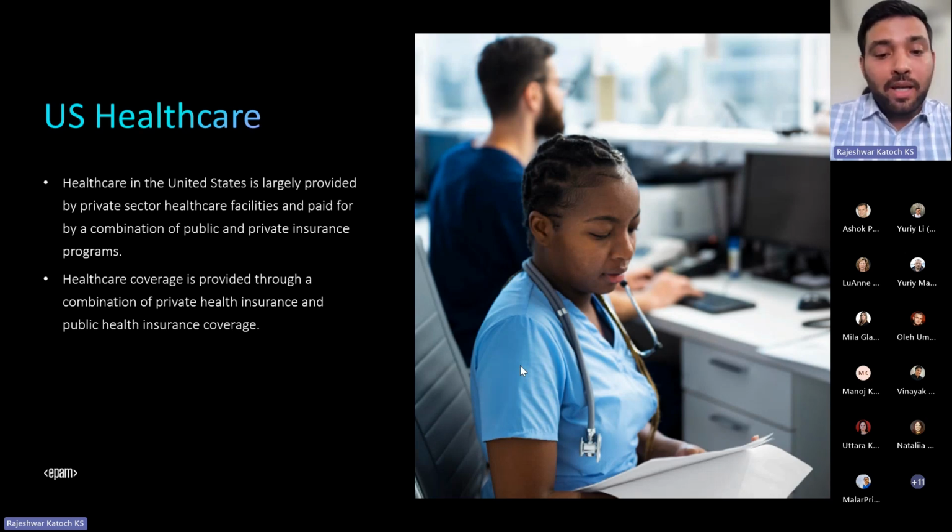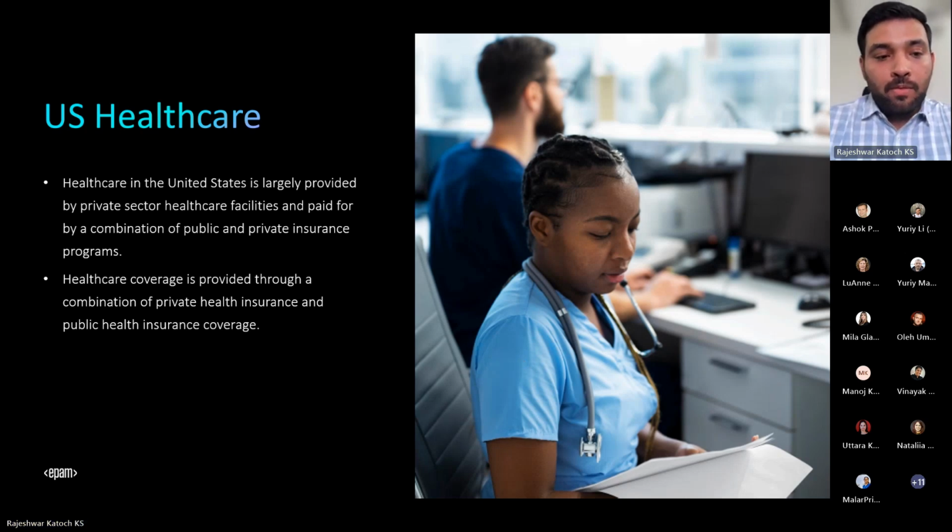We have Medicare and Medicaid services for the low-income population. Then we have the Affordable Care Act, which expanded insurance coverage, and there are many more. But overall, US healthcare services are majorly run by private health insurance companies and public health insurance programs.